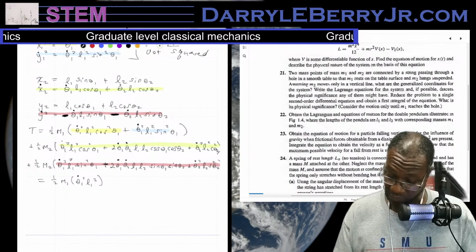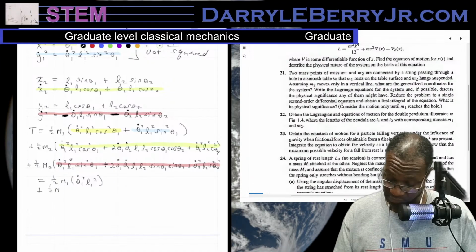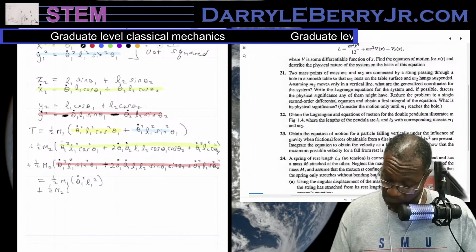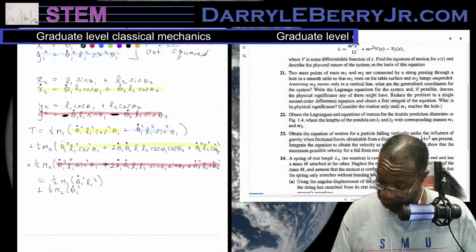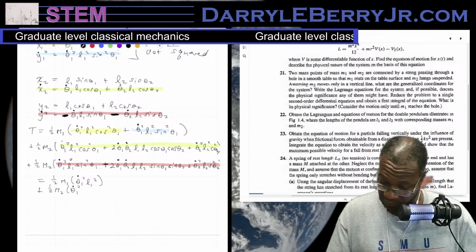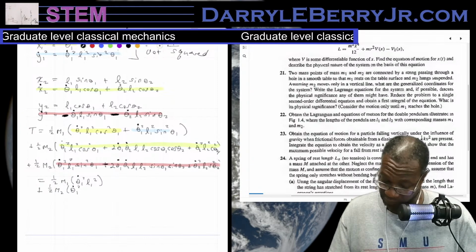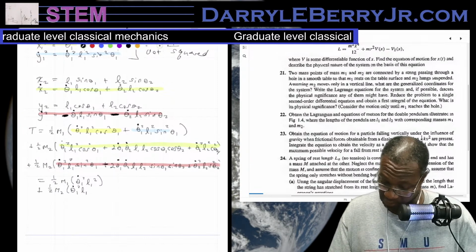Simplify the yellow and blue line, plus 1/2 M2 theta 1 dot squared L1 squared, plus.